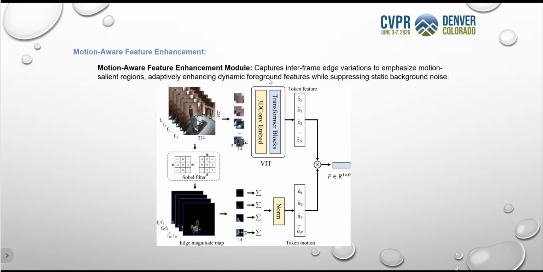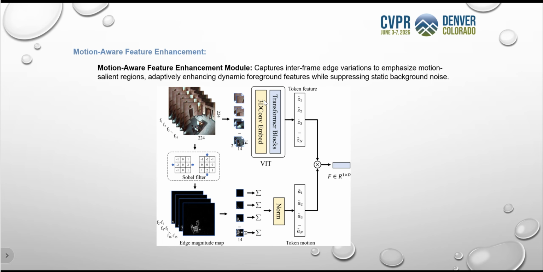Specifically, it captures interframe edge variations using Sobel filters to directly emphasize motion-salient regions. Instead of treating all video tokens equally, the MA module adaptively enhances dynamic foreground features while successfully suppressing irrelevant static background noise. This ensures that the downstream network receives highly discriminative features that naturally peak at actual dynamic movements.